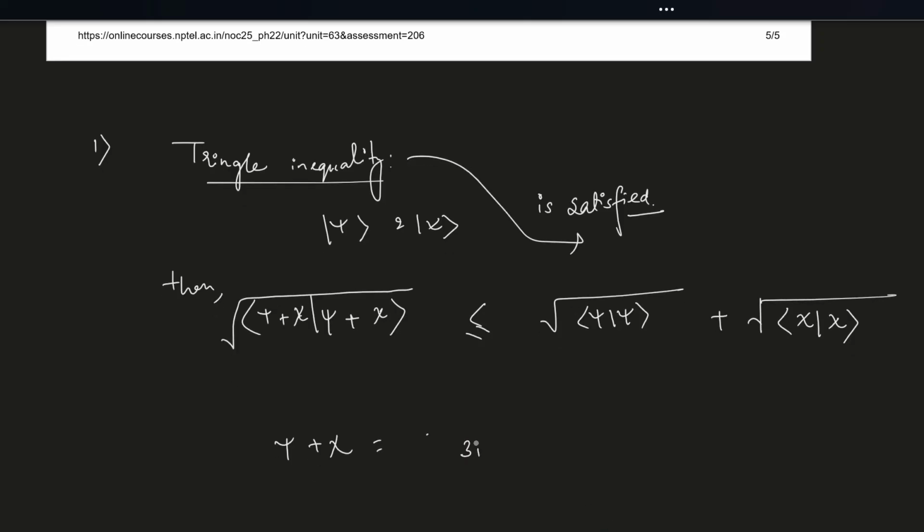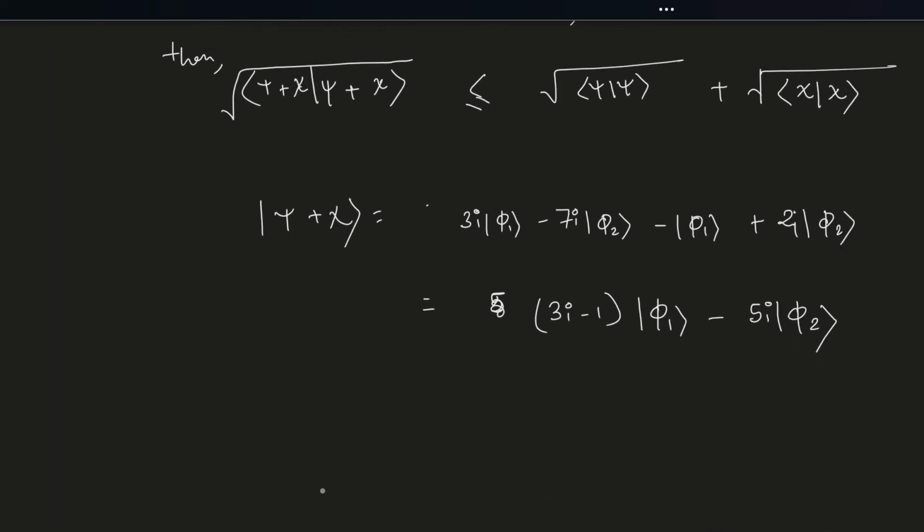So this is 3i phi 1 minus 7i phi 2, then the other thing is minus phi 1 plus 2i phi 2. So then it will be (3i minus 1) phi 1 minus 5i phi 2. So this is the whole state, right?